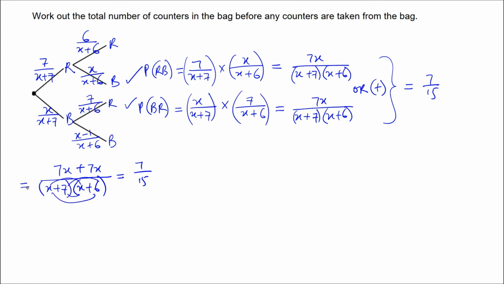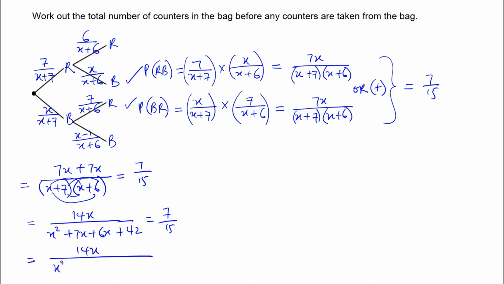So we end up with 14x over x squared plus 7x plus 6x plus 42, which is 14x over x squared plus 13x plus 42, and this will be equal to 7 over 15.